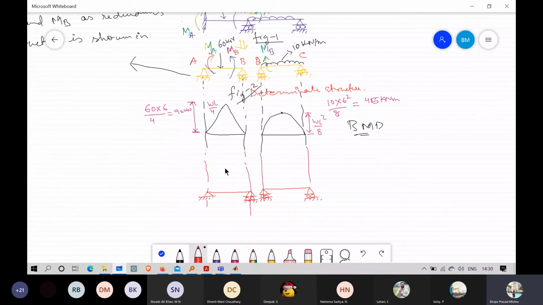Okay, and here we will have the M by EI diagram again.